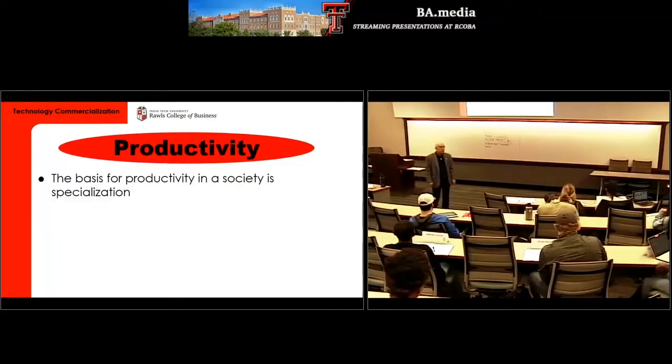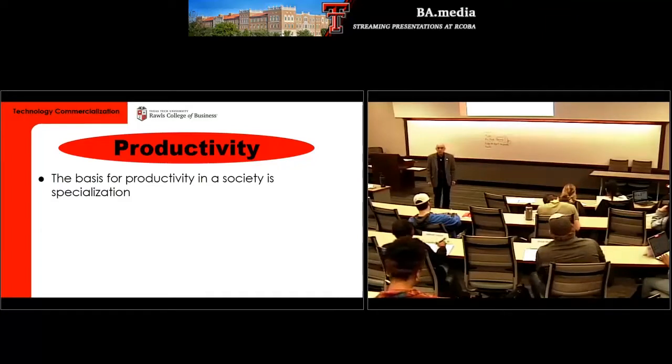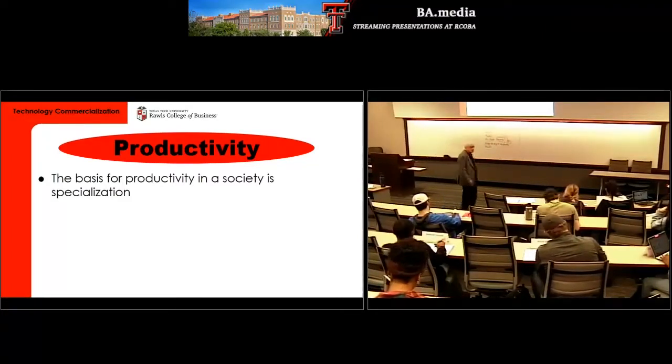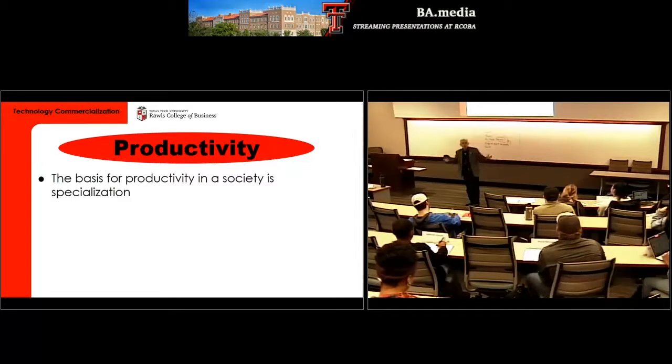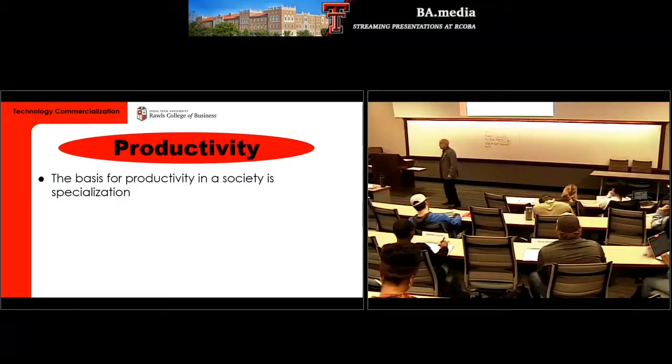Productivity, the basis for productivity is specialization. If all everybody here could do would be dig ditches, there would be tons of ditches, but it wouldn't be a really high-value society because all kinds of things are needed, and all we're doing is ditch digging. There's just a lot of products and services that we really like that we can't get from a bunch of ditch diggers.